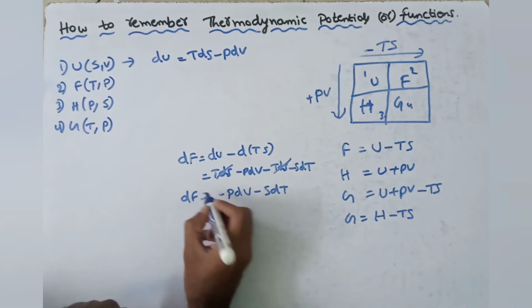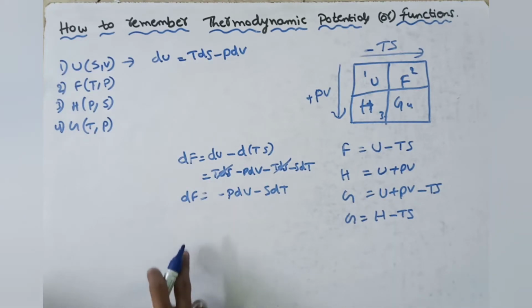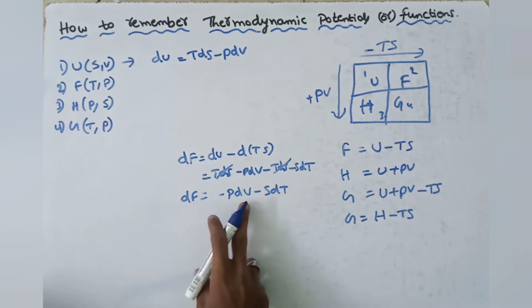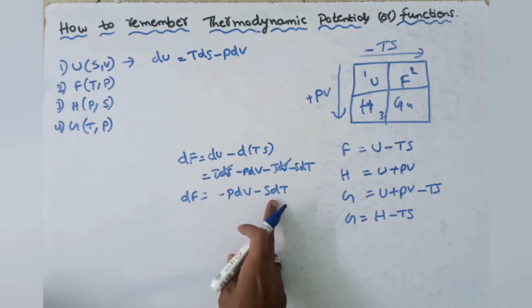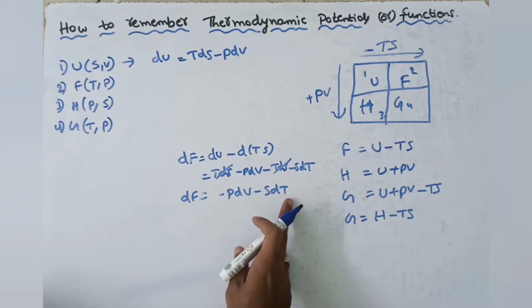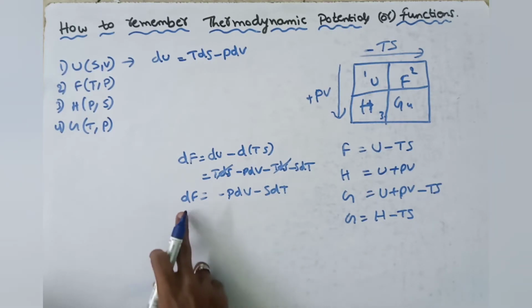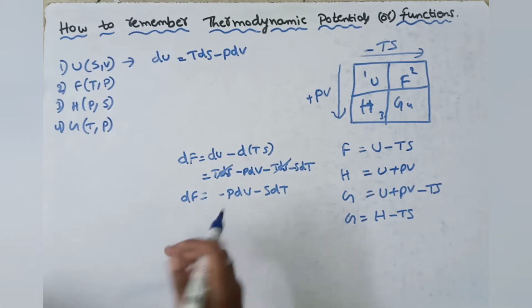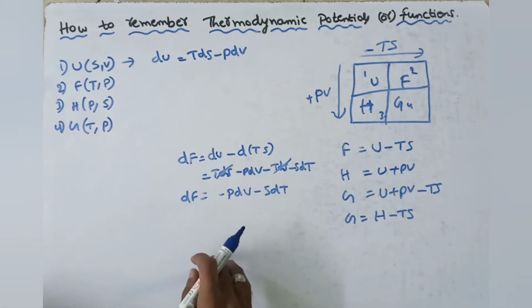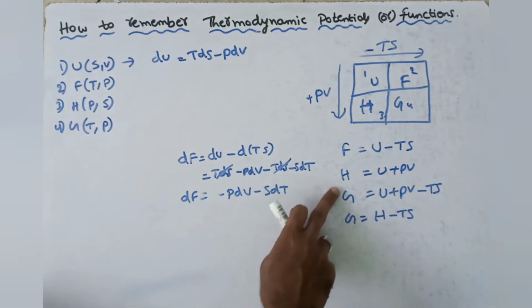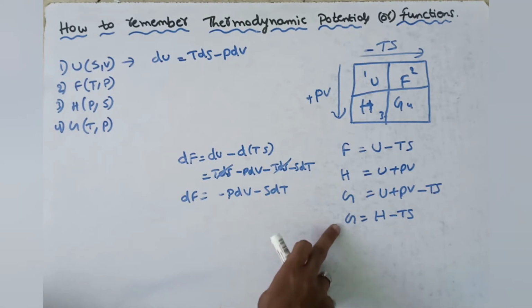This is the change in Helmholtz function: minus pressure into change in volume minus entropy into change in temperature. Considering F is a perfect differential, we can derive Maxwell's second thermodynamical relation, the third from the total heat function, and the fourth from the Gibbs function.